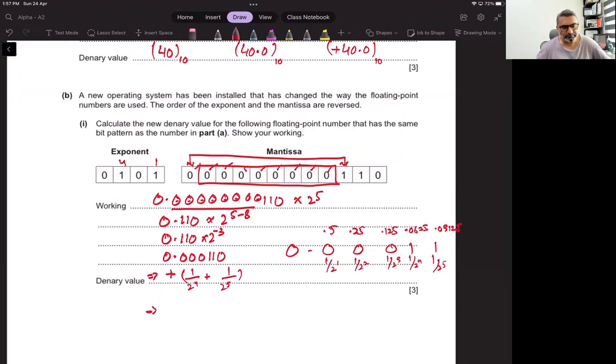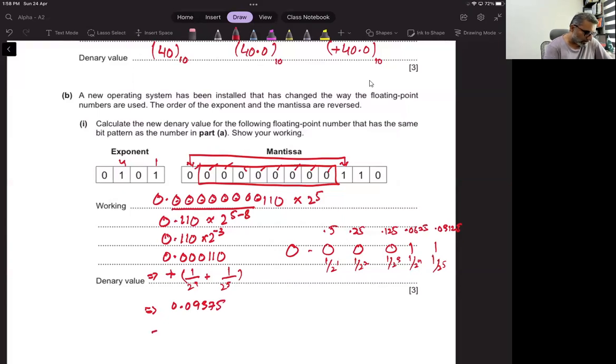So 0.0625 plus 0.03125. So your answer might be 0.09375. This might be your answer.